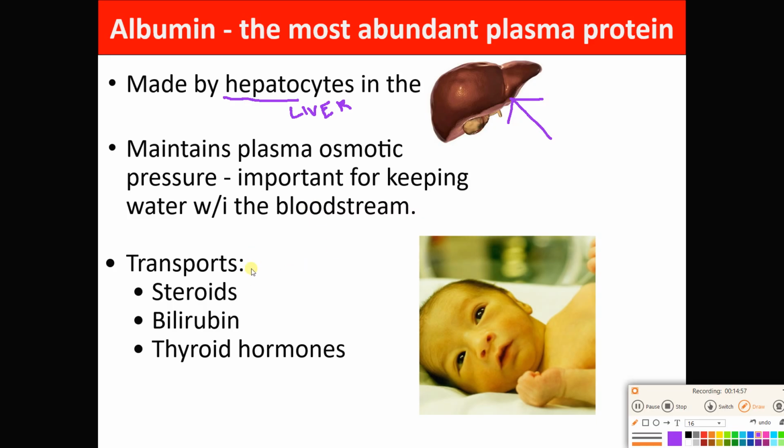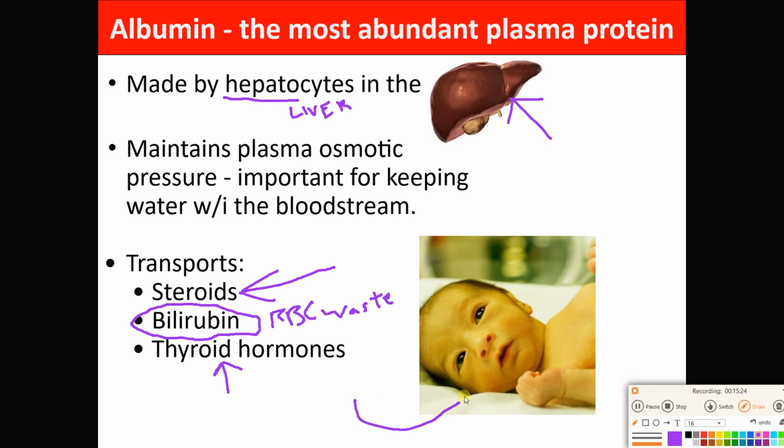Albumin also does transport. It is going to help transport steroids, so think about hormones in this case. And speaking of hormones, it also helps transport thyroid hormones. And it transports this compound called bilirubin. Bilirubin is a red blood cell waste product.